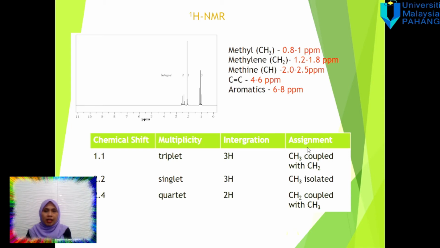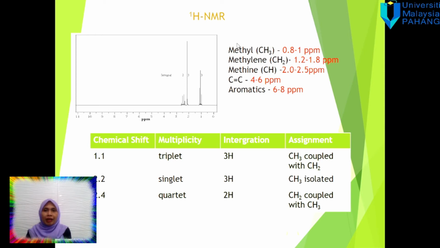Before we go to the assignment, we have to recognize the chemical shift for these typical signals. Mostly, a methyl group will fall in 0.8 to 1 ppm. If more than that, it means this methyl group is attached to an electronegative atom. The same goes for methylene.